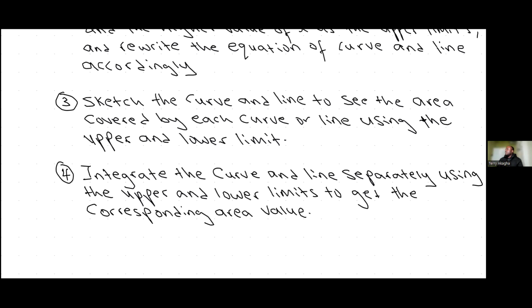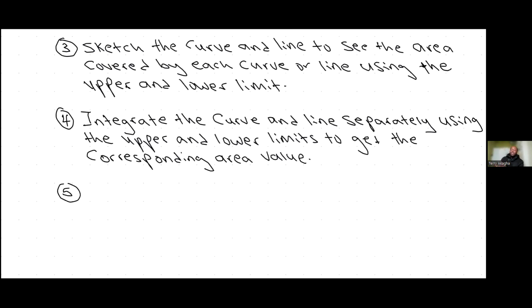Then number 5, what you now do, you subtract or you add. I will explain this. In some cases, you have to add them. In some cases, you have to subtract.